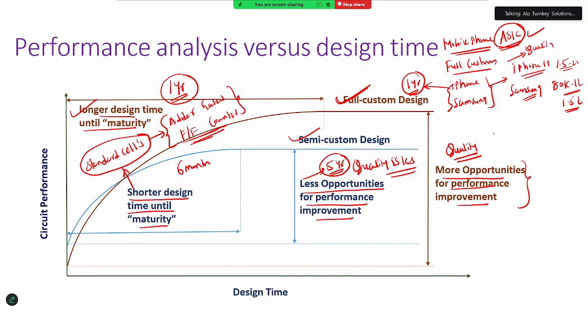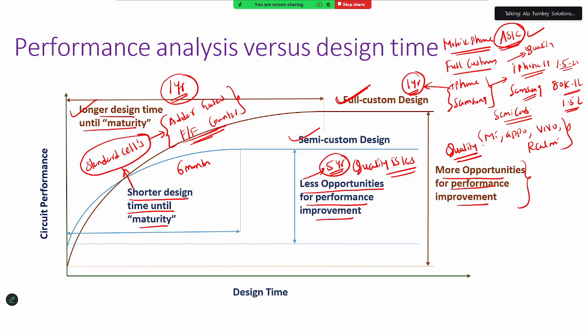Okay, semi custom design, suppose you take Mi, Oppo and Vivo, Realme phones.